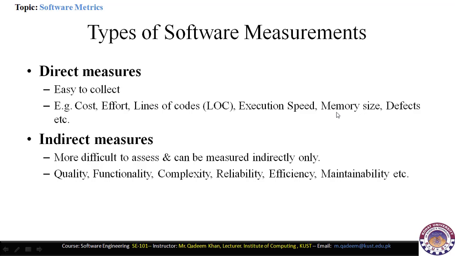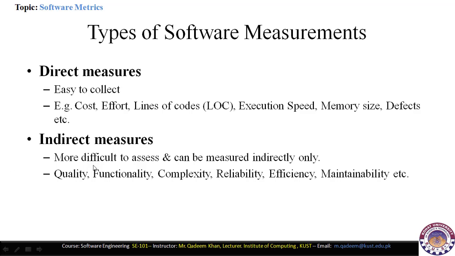Memory size means the memory required to execute the software. Defects means logical errors or different faults in the program. So all these are measured, and indirect measurements are those which are relatively difficult to obtain, and these are obtained indirectly from the process or assessed.